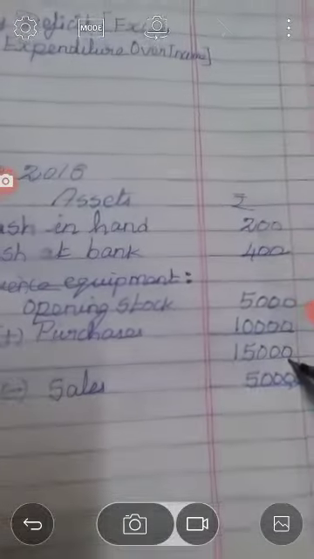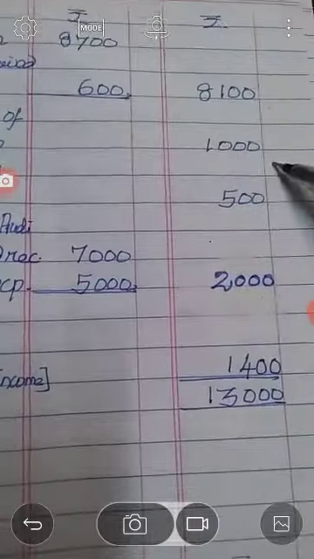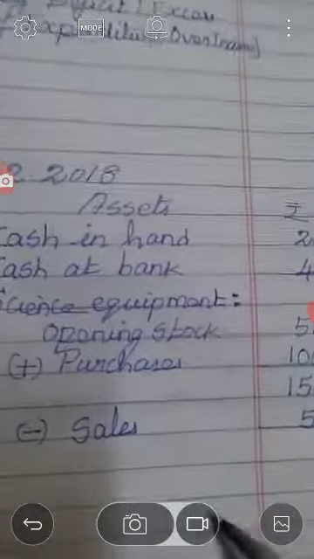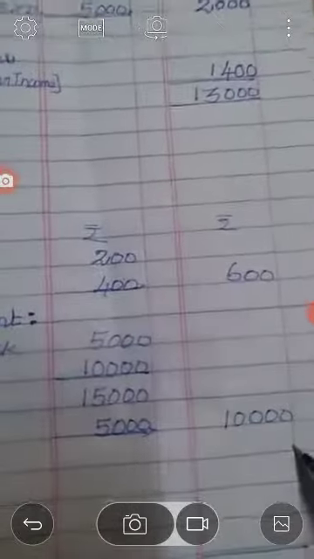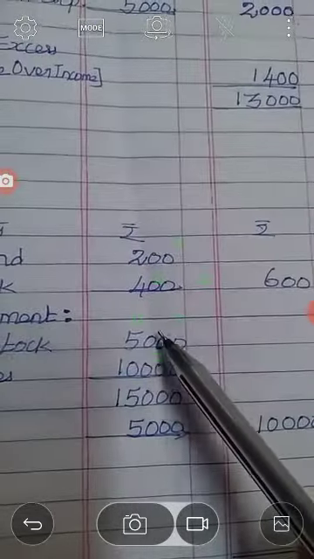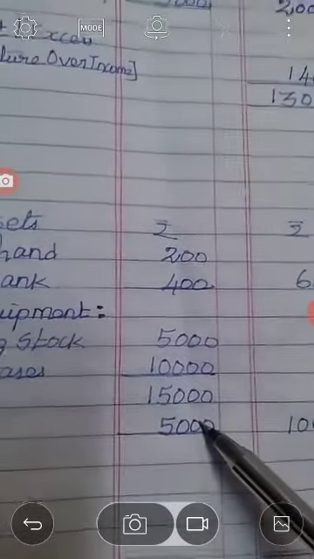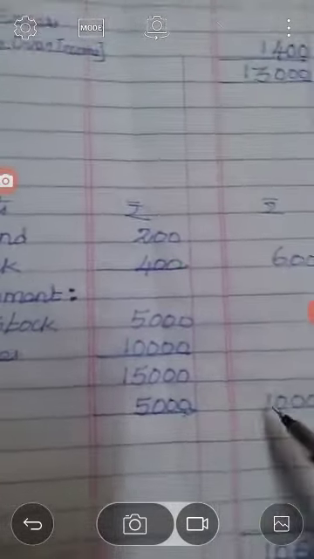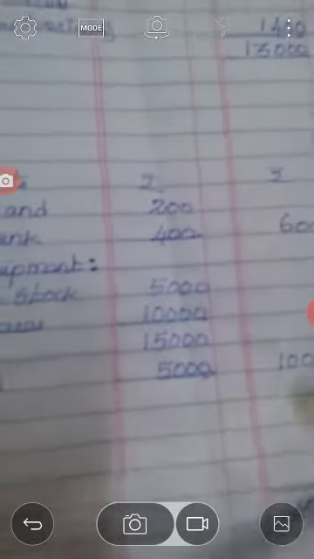The equipment worth 5,000 was sold for 6,000, so less the sale 5,000. The outer column is 10,000, which should be shown on the asset side.